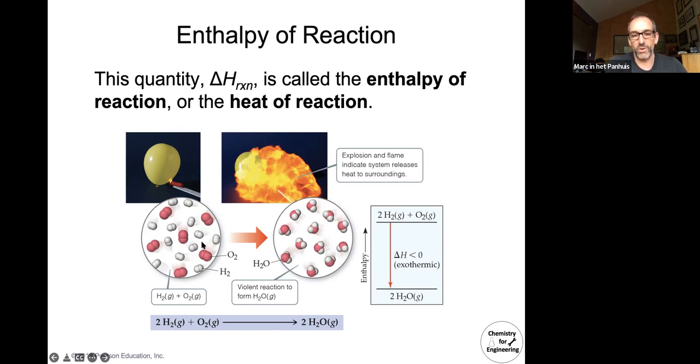The bonds in the oxygens have to be broken, the bonds in the hydrogens have to be broken, and then there's also a formation of bonds again to form water. And that's again an exothermic reaction. Here we have the balanced equation, 2 hydrogens combined with 1 oxygen to give 2 water vapor. And as we are going down, our delta H is smaller than 0, which means that it releases energy to the surroundings. That's generally the case. If you see an explosion, you will know that it's going to be hot in most cases.